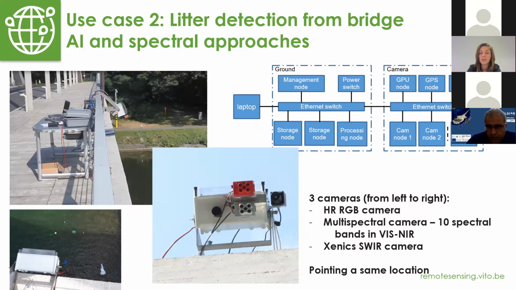We used a multispectral camera, with 10 spectral bands in the visible and the near infrared. It is the gray one and the red one that you see on the box. And then we used the SWIR camera with specific bands designed for plastic detection. And you can see how the box was made with all the cameras, making sure that they are all pointing at the same location.